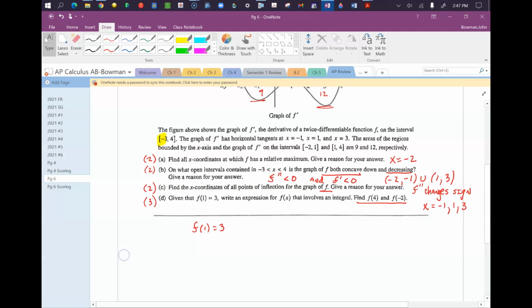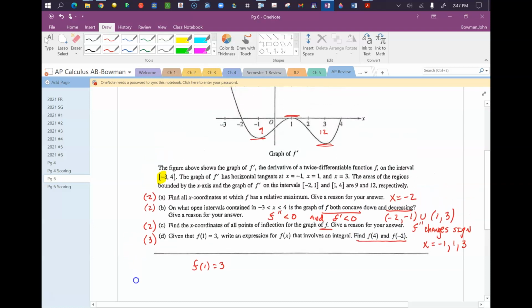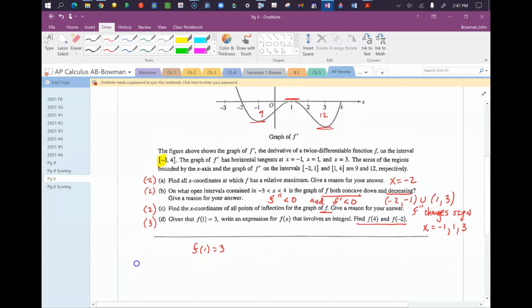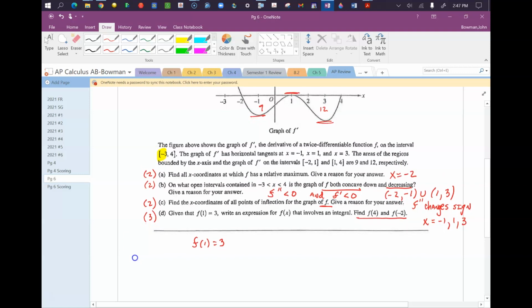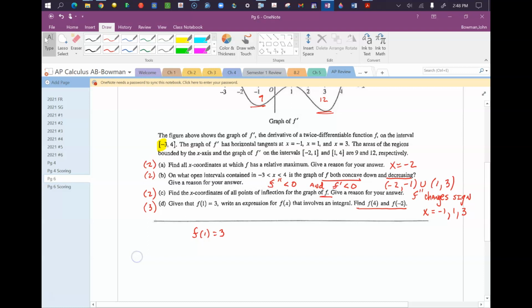All right, so let's think about what we have here. We have a graph of f prime, and we need to find an expression for f of x. Well, if we integrate f prime, let's say from a to b, f prime of t dt, we're going to have f of b minus f of a.